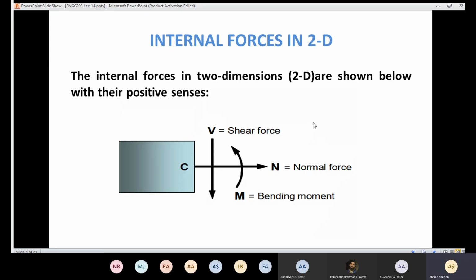If you are going to work in 2D and take the left part, then those represent the positive senses. Like we said, again, you can use random senses, but those are the most accepted positive senses.